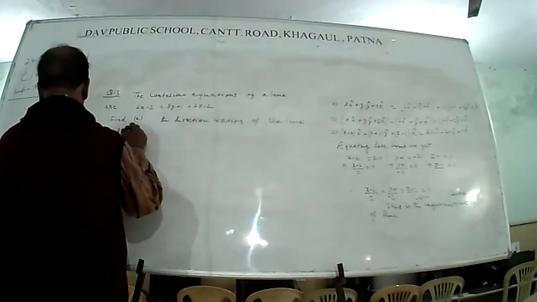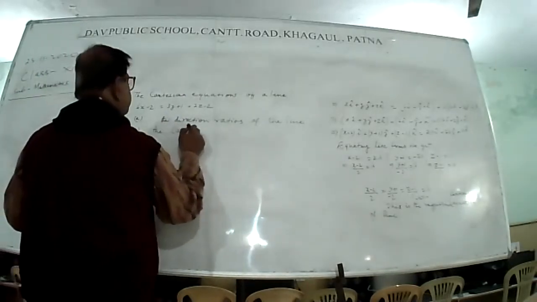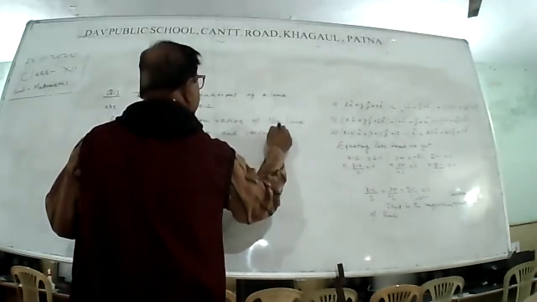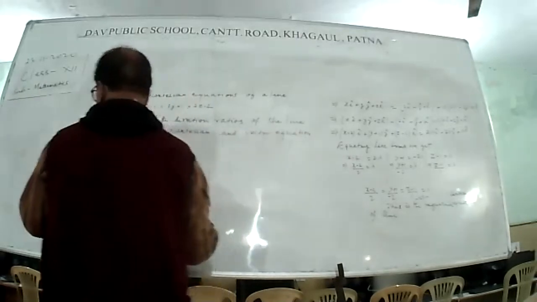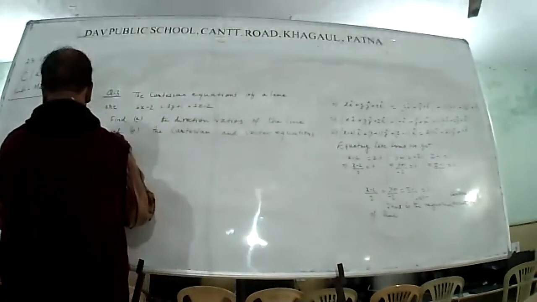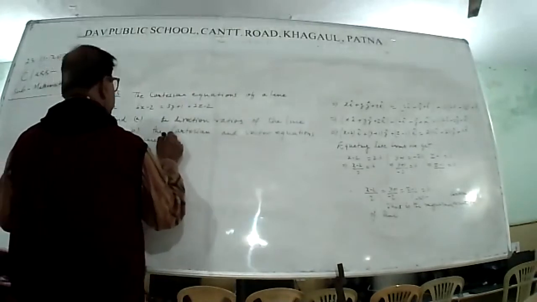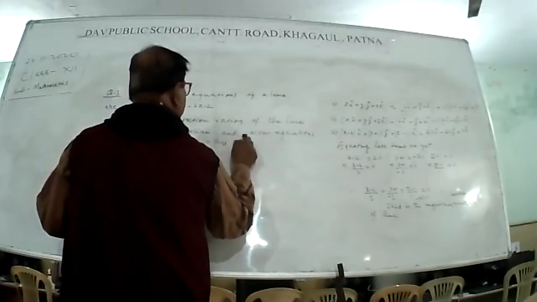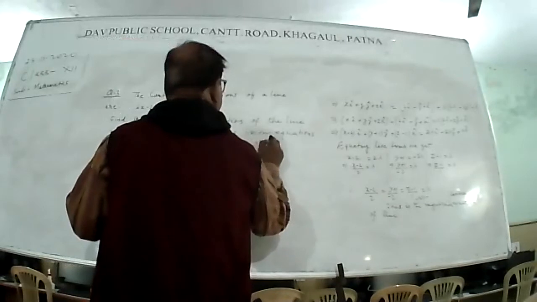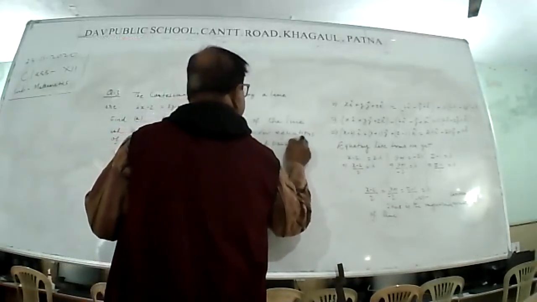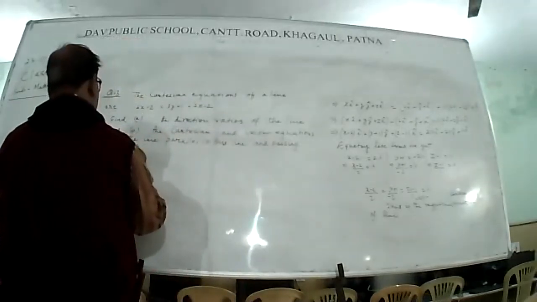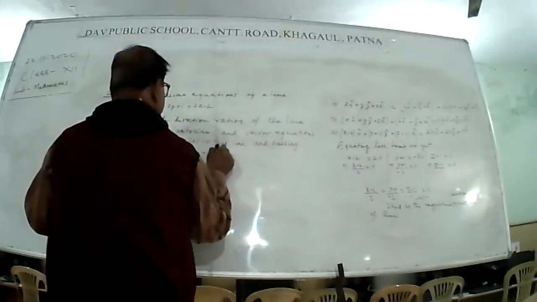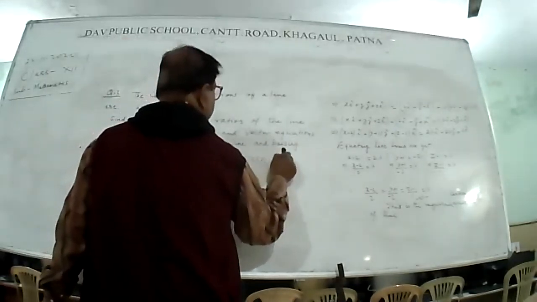And B, the Cartesian and vector equations of the line parallel to this line and passing through the point 2, minus 1, minus 1. Question has been asked CBSE 2003.